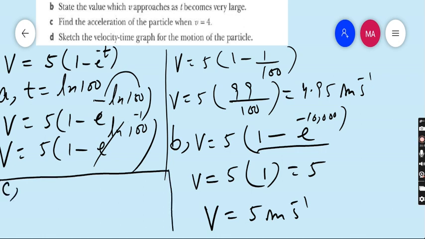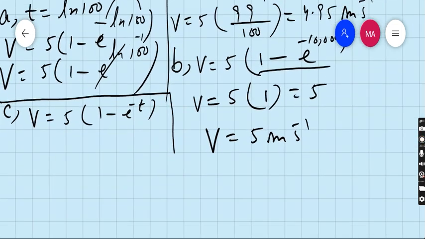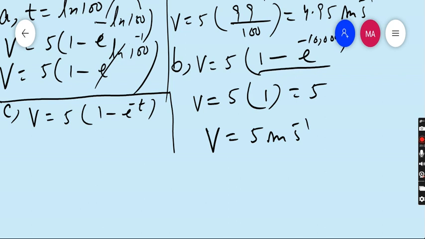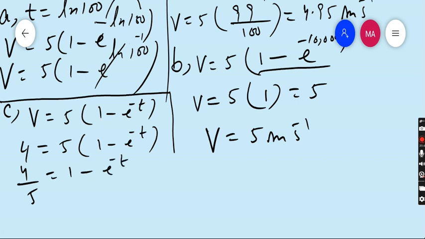Part C. Find the acceleration of the particle when v equals 4. So v equals 5 into 1 minus e minus t. Here v is 4. So replace v by 4: 4 equals 5 into 1 minus e minus t. 4 divided by 5 equals 1 minus e minus t. 4 upon 5 is 0.8, equals 1 minus e power minus t.